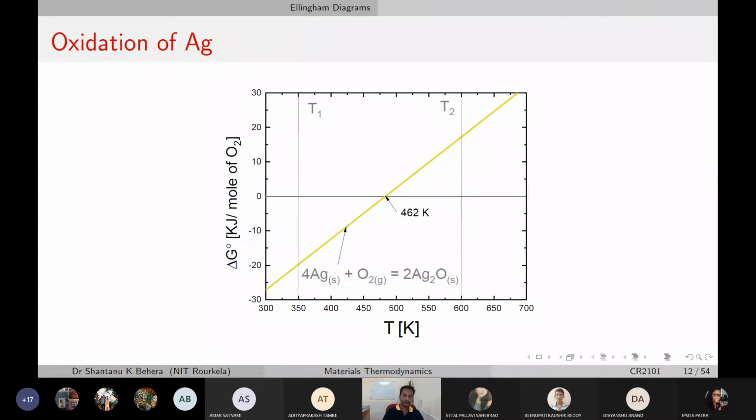Now if you look at the typical Ellingham diagram, this is not really called the Ellingham diagram. Ellingham diagram is called when all the metals, or most of the metals, are plotted on the same graph. This is, of course, the oxidation diagram for silver oxidation. This is the del G curve with temperature.